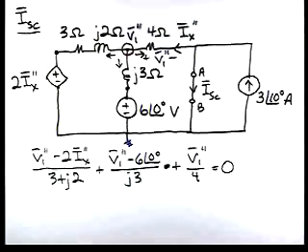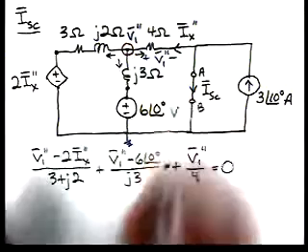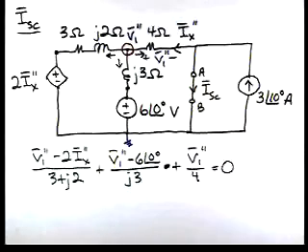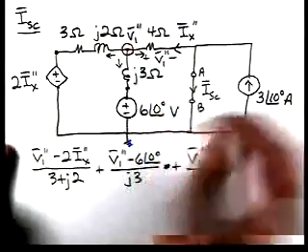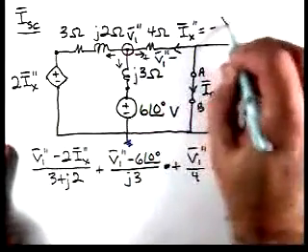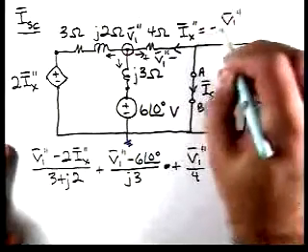Now we need to express Ix in terms of V1, and in a way we can already see it. The current flowing from left to right here is V1 double prime over 4, so Ix double prime is minus V1 double prime over 4.